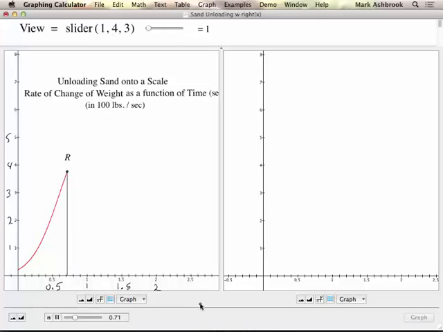So this is our left and right graphs. We start with the left graph, which is showing the exact rate of change of the weight of sand on the scale as the truck unloads. So just in general, how is the sand unloading? Slowly at first, at a low rate, and then at a faster rate.